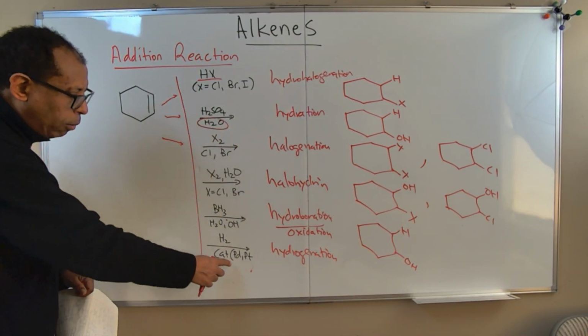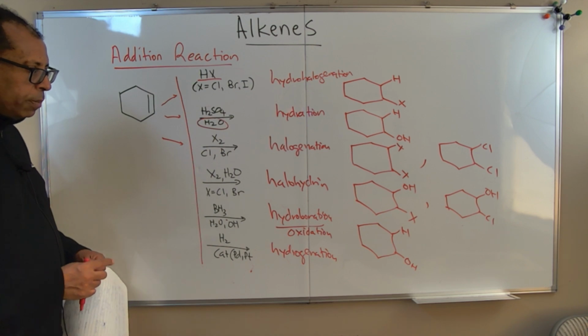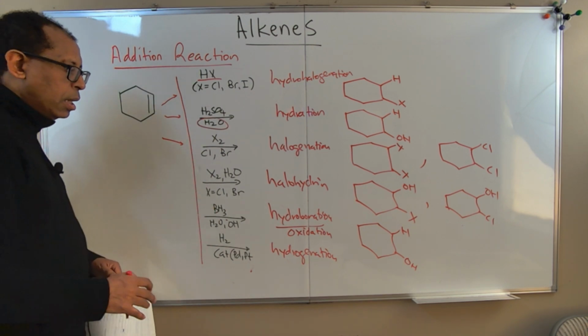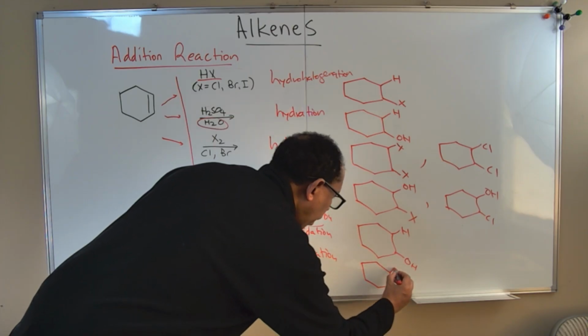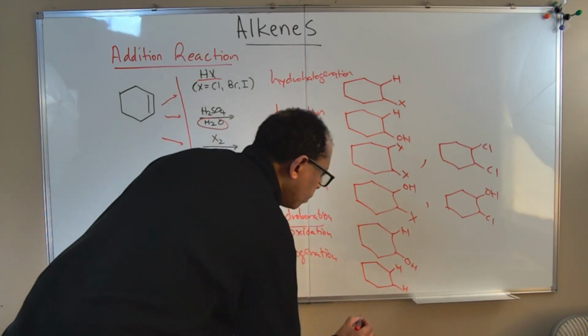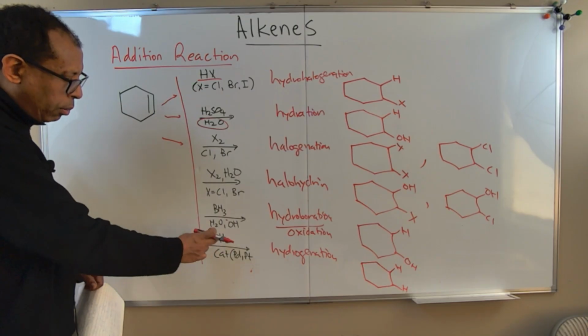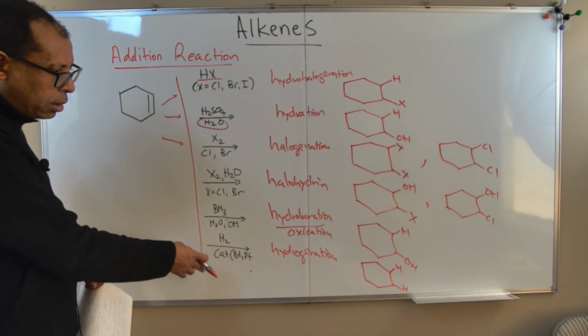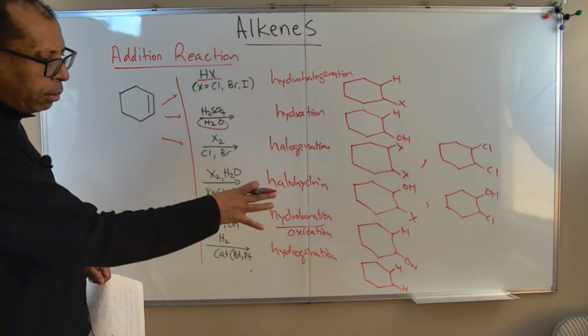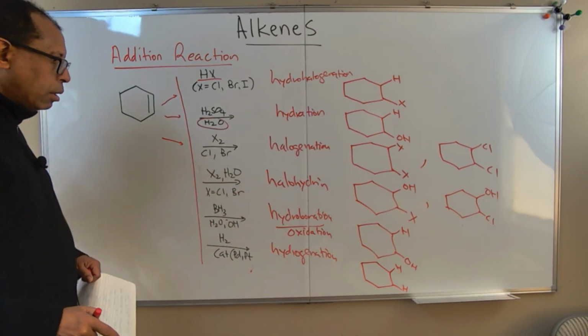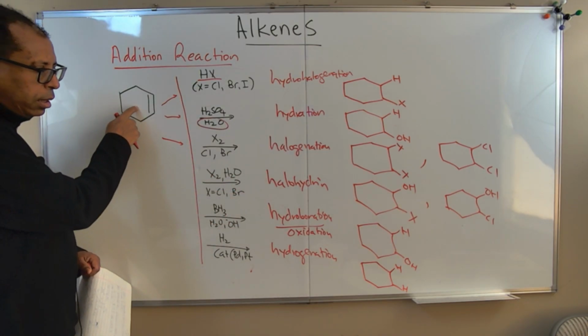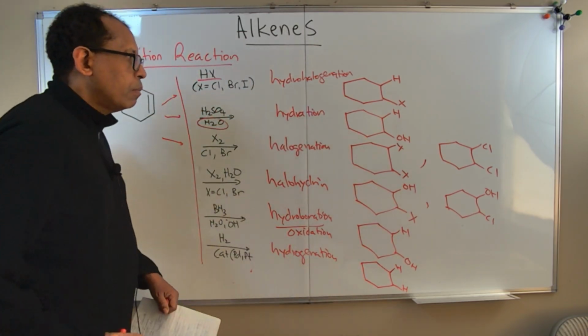A palladium or platinum catalyst is used in hydrogenation reaction, and the product is a complete saturation by hydrogen. 1 mole of hydrogen gas is added and it gets saturated. So from cyclohexene, you went to cyclohexane.